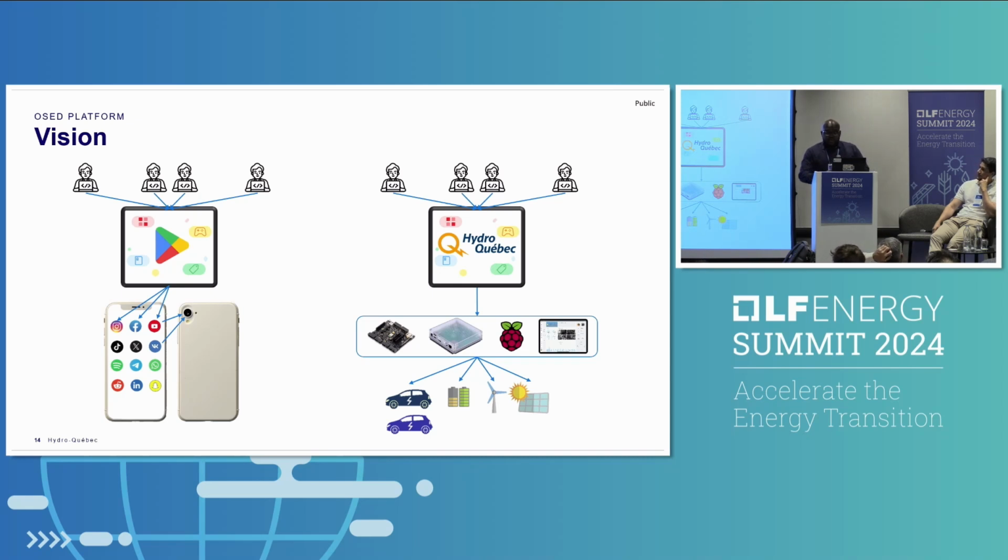For example, mobile applications like Facebook and others do not necessarily take into account the physical characteristics of the camera or the phone on which the application will be installed. So if you see the image, we want the same thing with the OSED. We want to be agnostic about the technology, about the device. We want something capable of working in different cases.